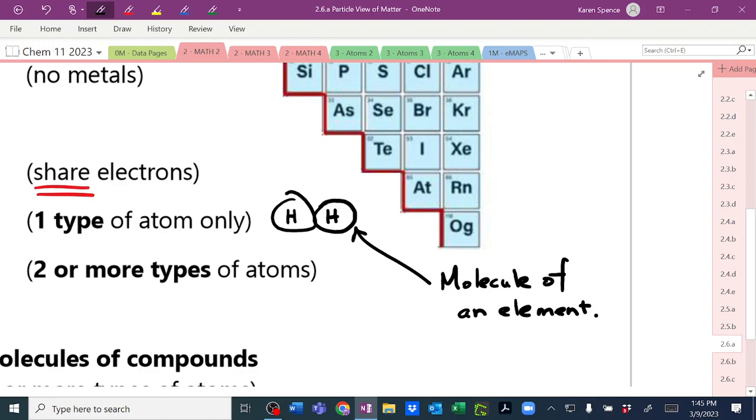See if you can give an example of a covalent compound to your partner. And yes, you're welcome to use the most obvious one, but you're welcome to use any of them.